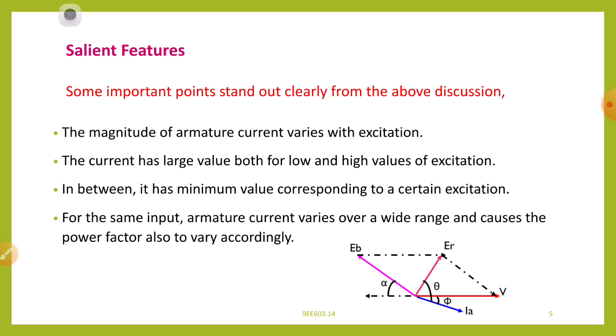In one case, if current is constant, flux changes. So we are taking two cases. We are concentrating on the first case: by changing field excitation with input DC supply, how the armature current changes from a large value to a minimum value and from the minimum value to a large value, by changing the field current to the rotor from an initial to a final value.